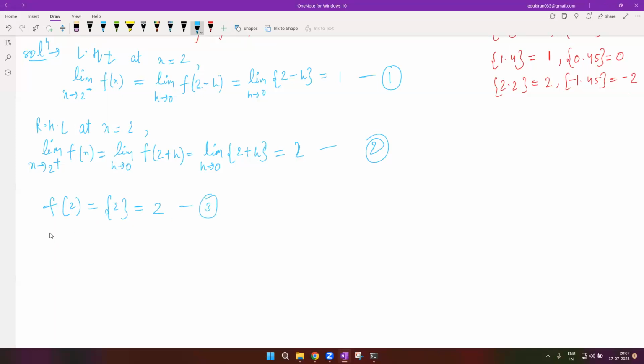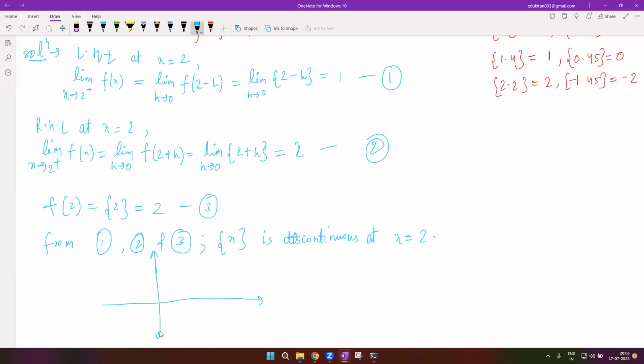But you can observe from first, second, and third, that greatest integer function of x is discontinuous at x equals 2. In fact, greatest integer function is discontinuous at every integral point.